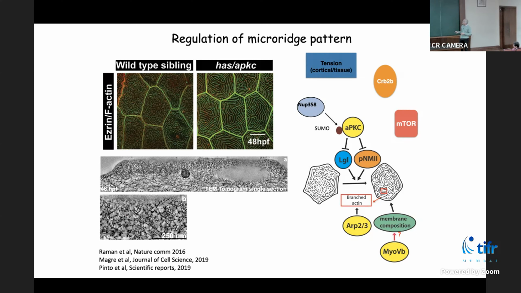These act as pro-elongation factors, important for elongation of these ridges. aPKC controls their localization so that the ridges can grow up to a certain level, but not beyond that.